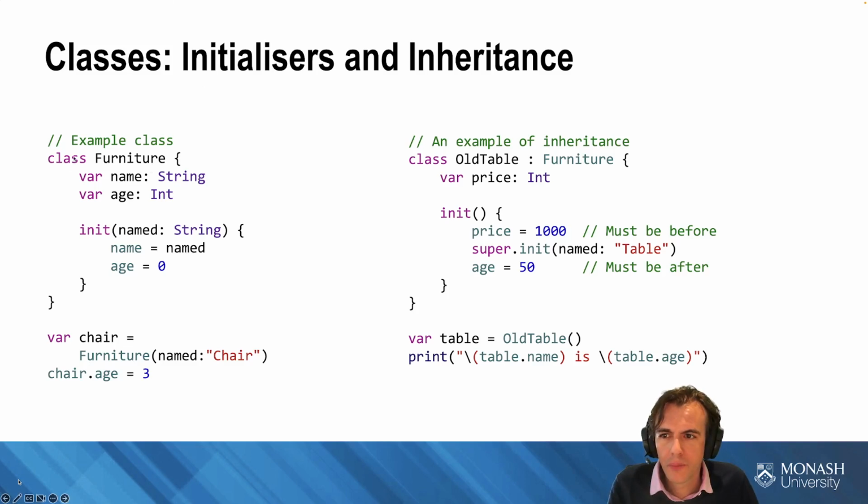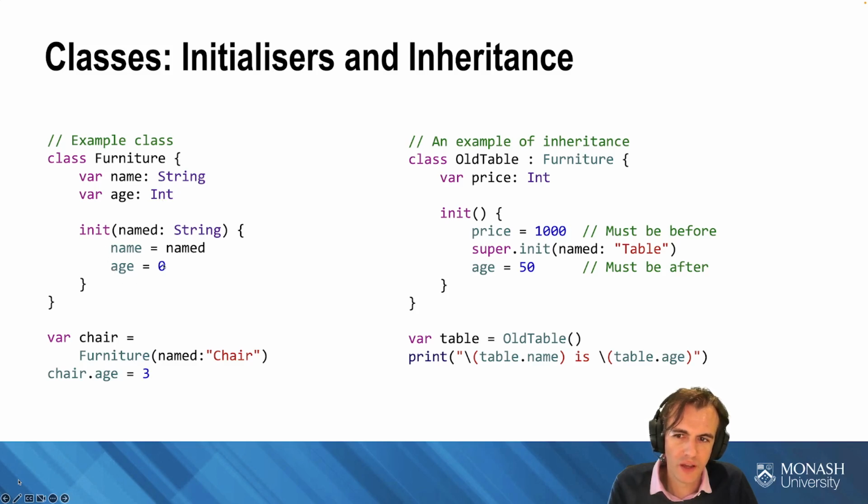So here's an example of the class syntax. Instead of struct, we say class. So here's a class called Furniture. It has two properties, name, which is a string, and age, which is an integer. Here, we create our own initialization method. We do it with the init keyword. We can specify any parameters we want, none or multiple, but we do need within this initialization method to give a default value for each of these, because we're creating an instance of a class.